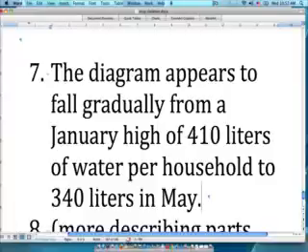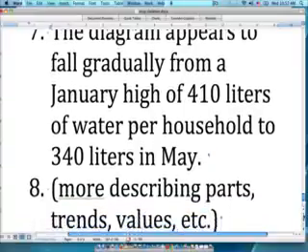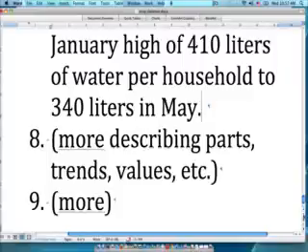So really the minor details we're talking about here, the key areas are January, the middle of the year, and December, because that's where the changes occur. Okay. Let's see here. Number 8, sentence number 8.